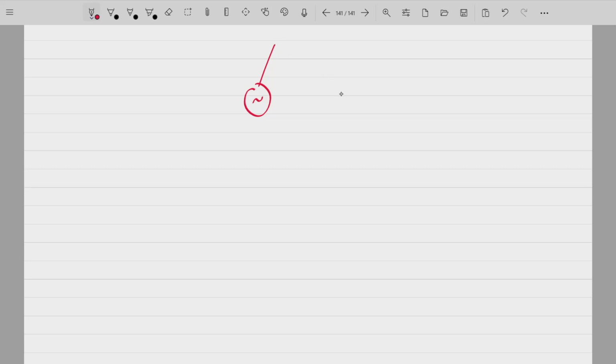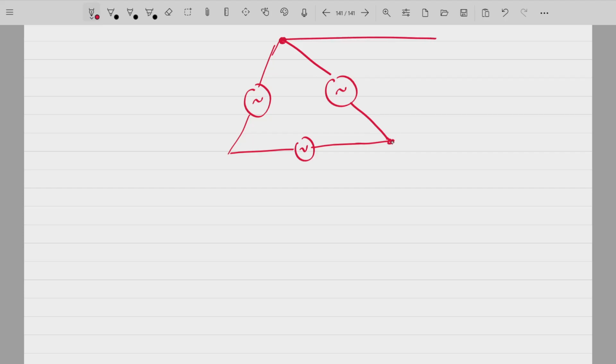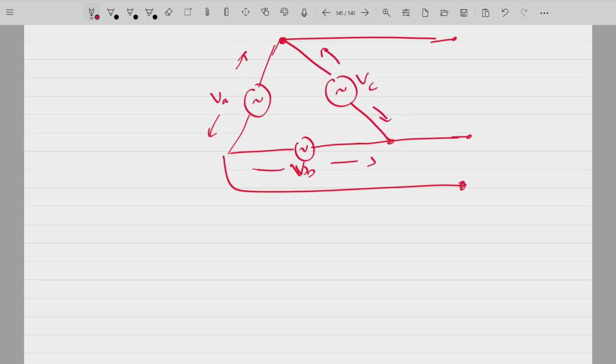This is your delta now. The three terminal points that are accessible to us in this case are these three terminal points. So VA, VB, VC. Simply put, these will be the phase voltages in this case, and यहाँ पे जो voltage available है आपको, that's actually VA minus VC.